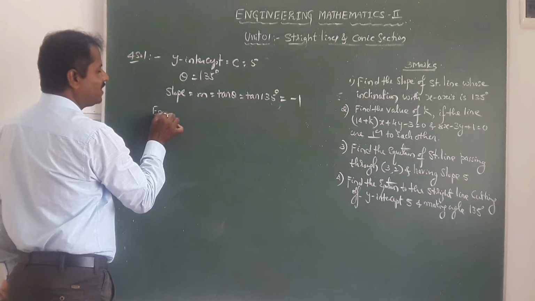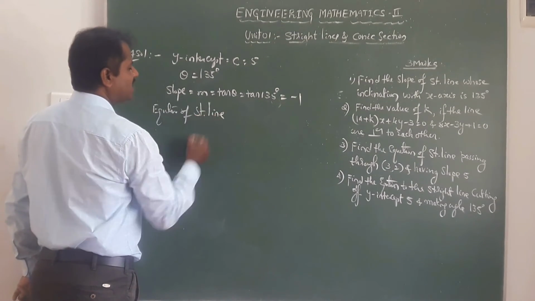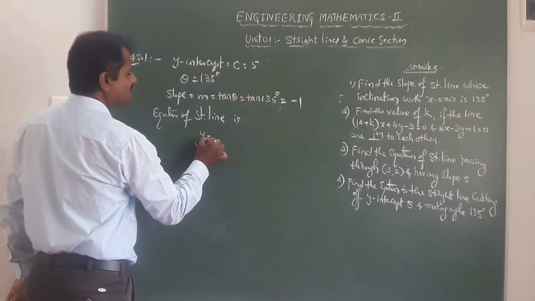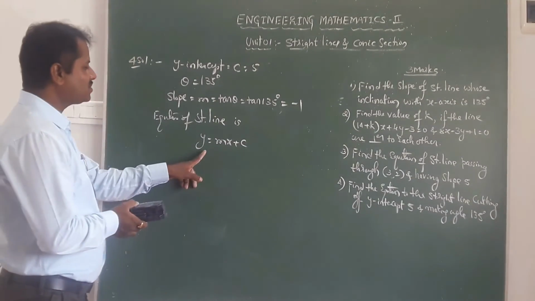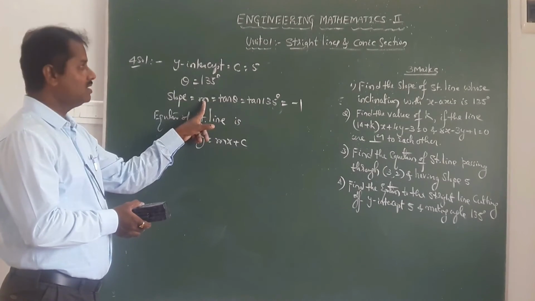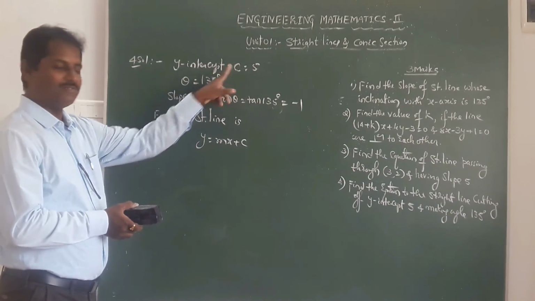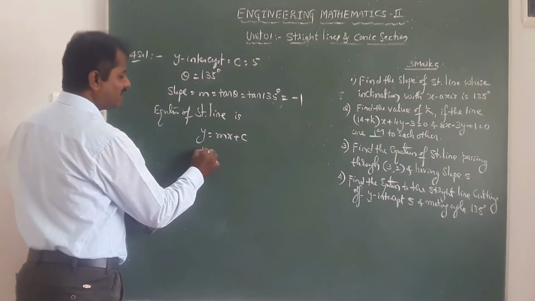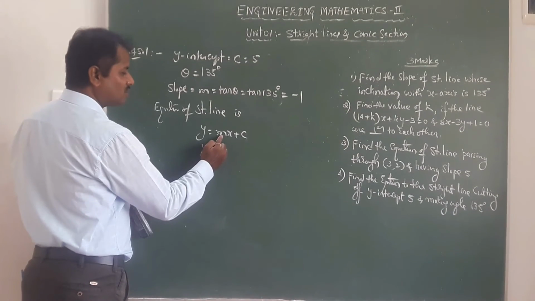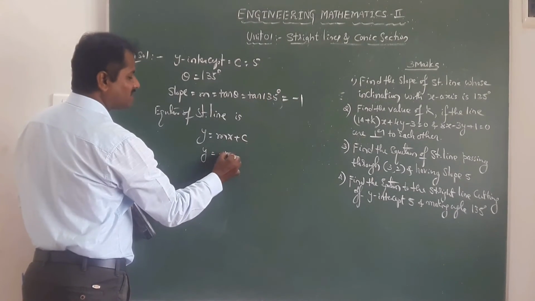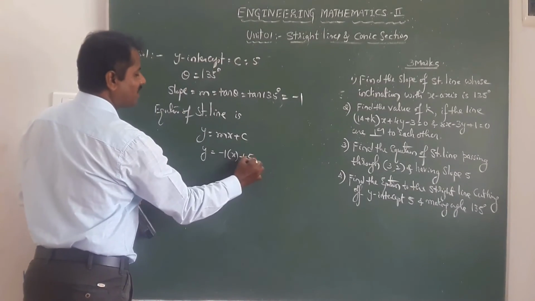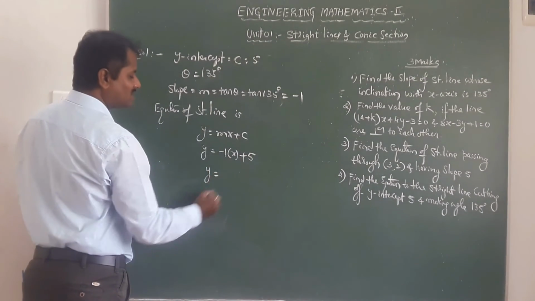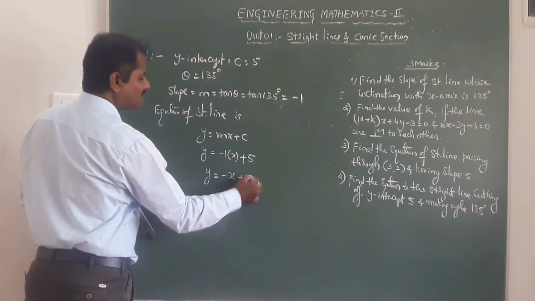Since the slope and the intercept are given, we can easily find the equation of the straight line. So y is equal to mx plus c. This is the equation of a straight line if the slope and the y-intercept c are given. y is equal to, what is m, minus 1 into x, plus what is c, 5. So this is y is equal to minus x plus 5.